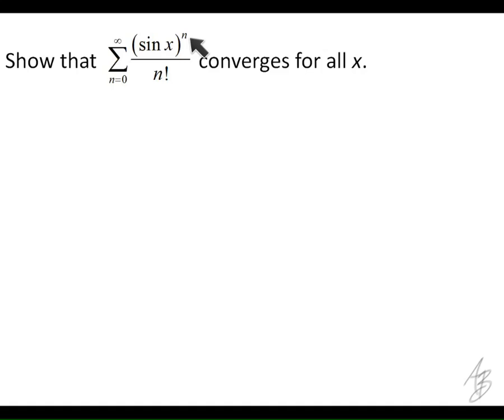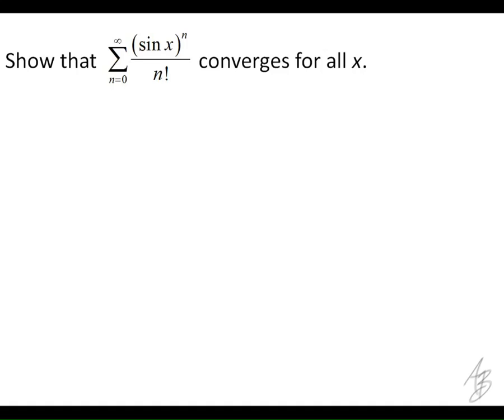Even if it's negative, the even exponent's going to make it positive, right? But let's say we have 3 pi over 2 in here for x, and n is 1. Well, then we get negative 1 over 1, right? And we get a negative term here. So to use the test that we've looked at so far, we need these terms to all be positive.